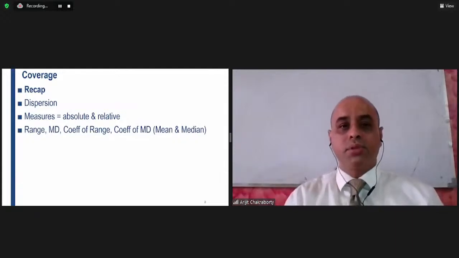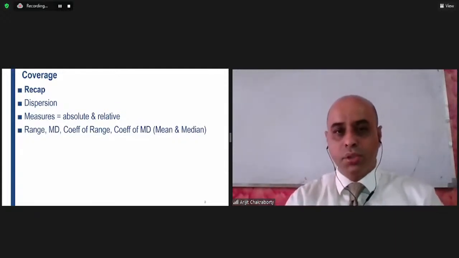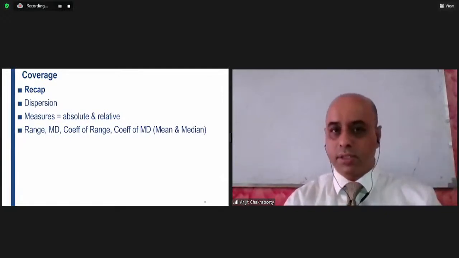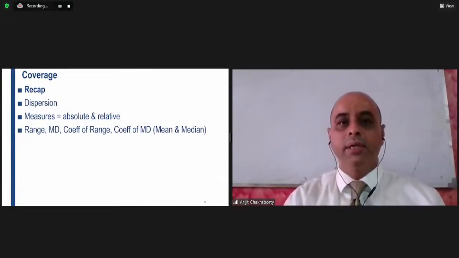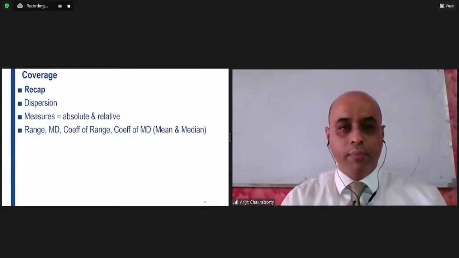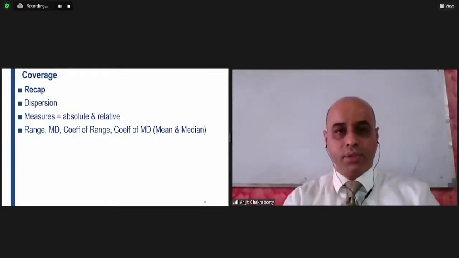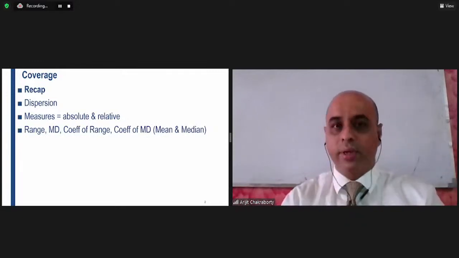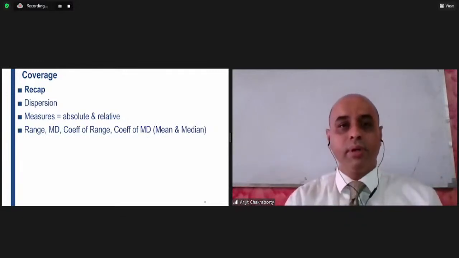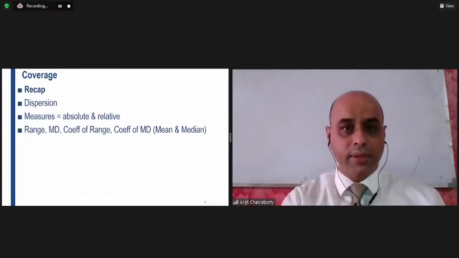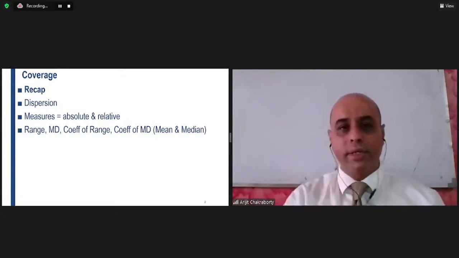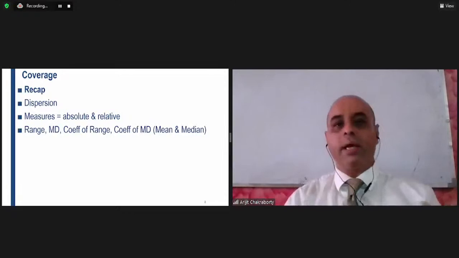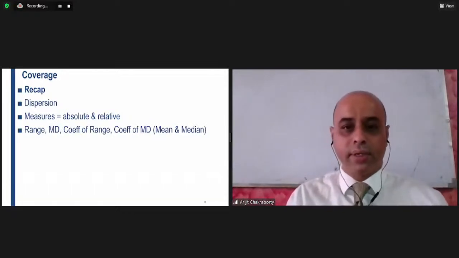When it comes to the types of measures, we had already covered range, which is the difference between the largest and the smallest observation, and mean deviation. Based on range and mean deviation, we calculated the coefficient of range, which is the range divided by the sum of the two extreme values, the highest and the lowest value, multiplied by 100.